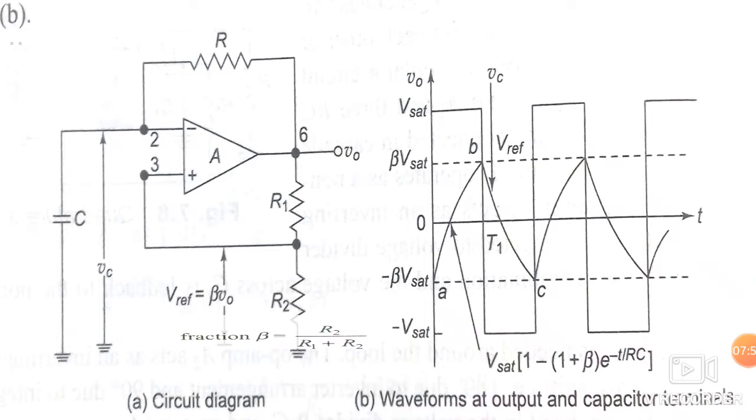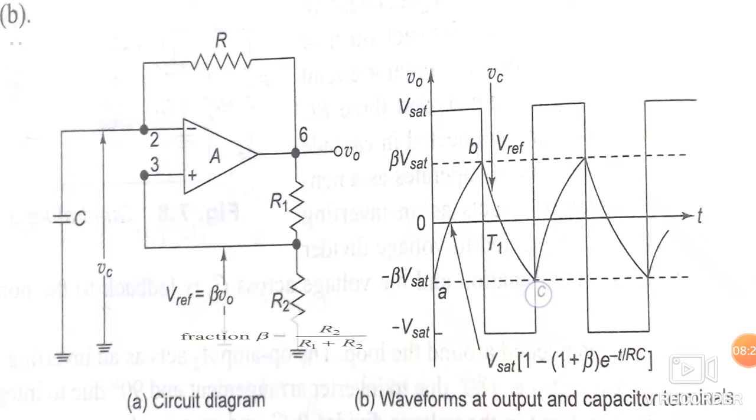So this capacitor will now start discharging, and it will discharge up to the maximum negative voltage at the output of the operational amplifier, that is minus Vsat. So in the course of discharging, it is discharging from plus beta Vsat to minus beta Vsat.